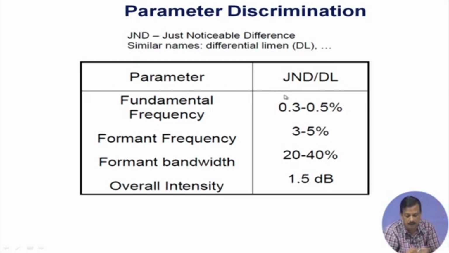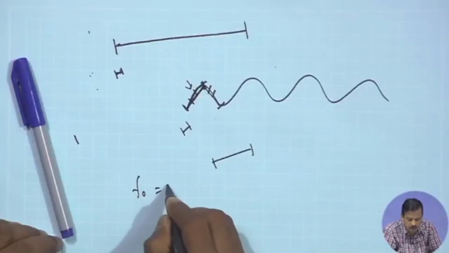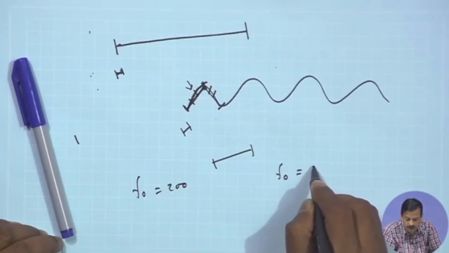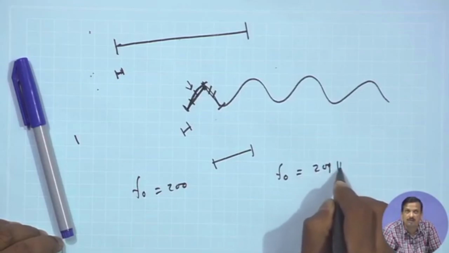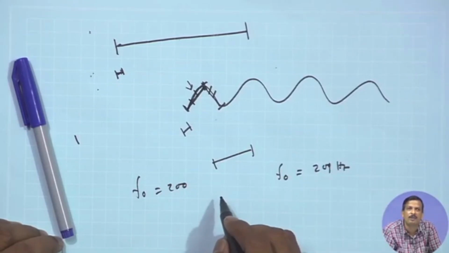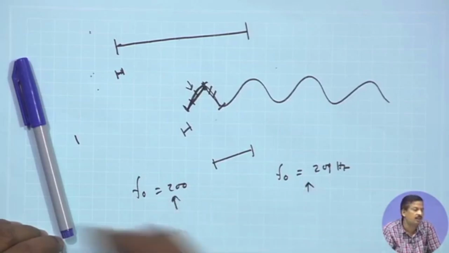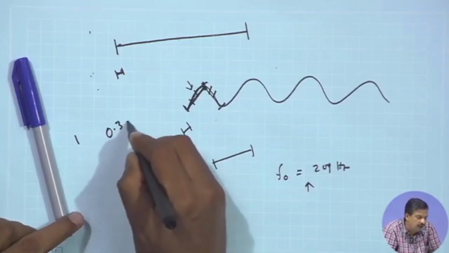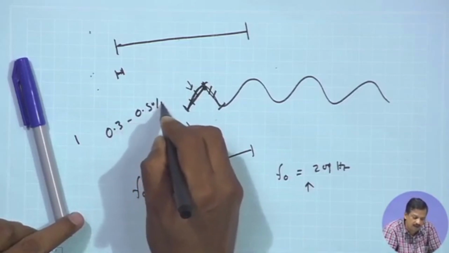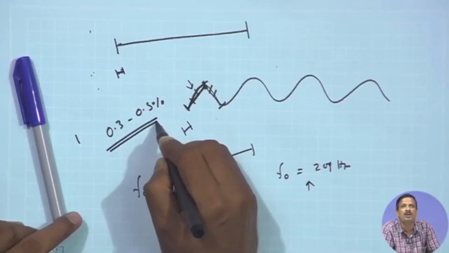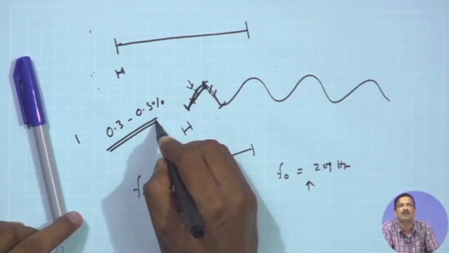So, if my F0 is 200 hertz and somebody's F0 is 201 hertz, am I able to differentiate between this 200 hertz and 201 hertz? It is said to be 0.3 to 0.5%. That means, if the difference lies within this range, we cannot differentiate the two frequencies. So, we cannot separate them.